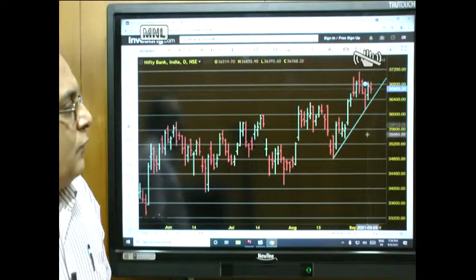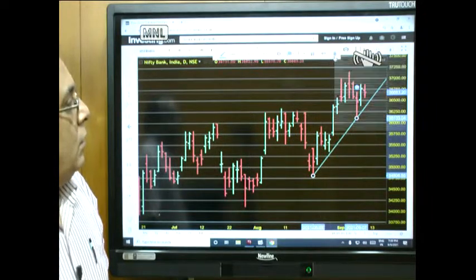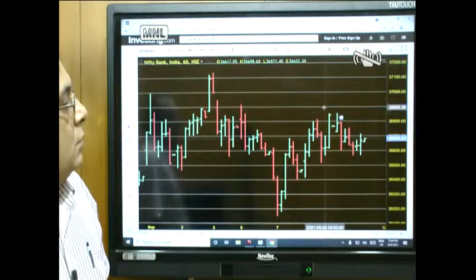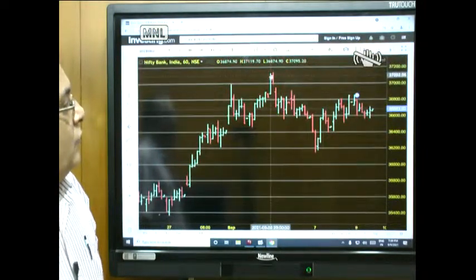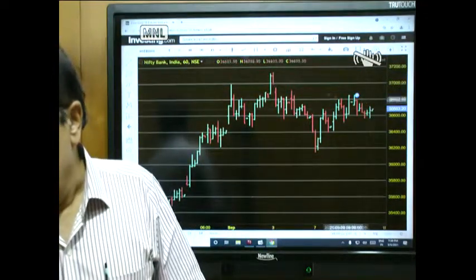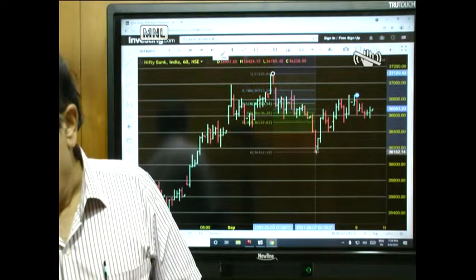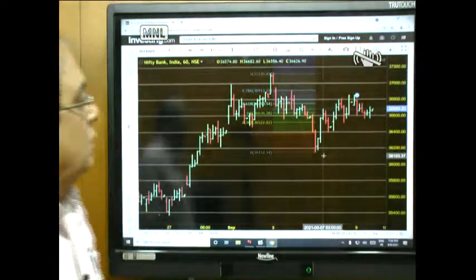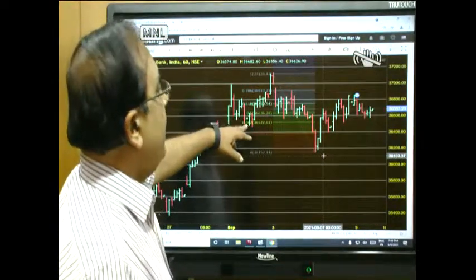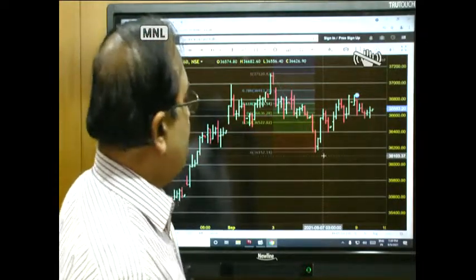So when we draw a Fibonacci for this level also, let us say on the hourly chart, from this level to this level, this is 36,913, 36,750, 36,636, 36,522 and 36,380.